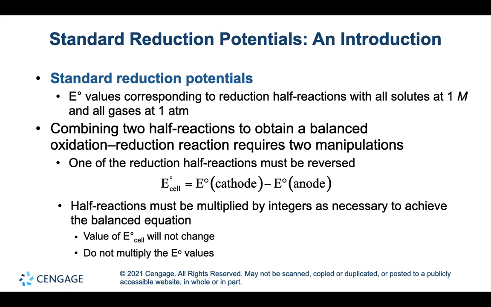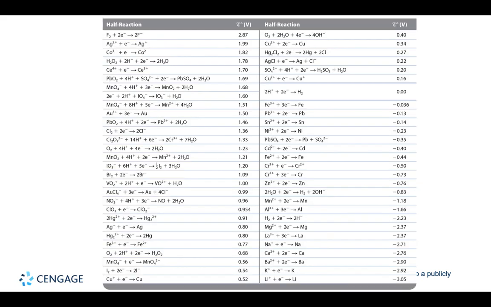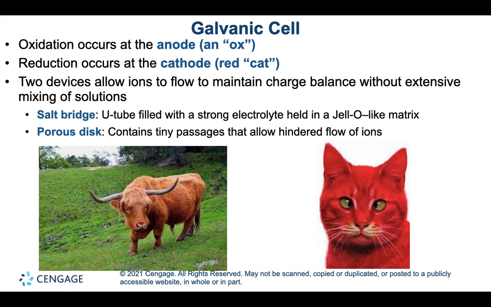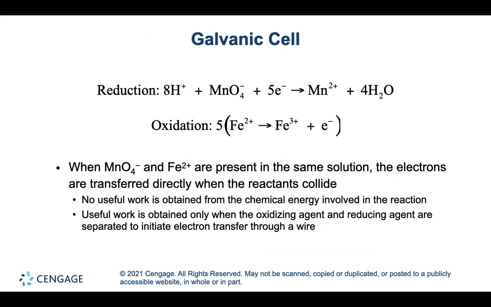Now, the other manipulation is that you have to multiply the cathode or the anode by some numbers to get the number of electrons to come out correct. So if you think back to this reaction, we had to multiply the iron side by 5 so that 5 electrons could be produced on the oxidation step, the anode, and then transferred over to the reduction side, the cathode, through the wire, so that the cathode could be where 5 electrons were used.